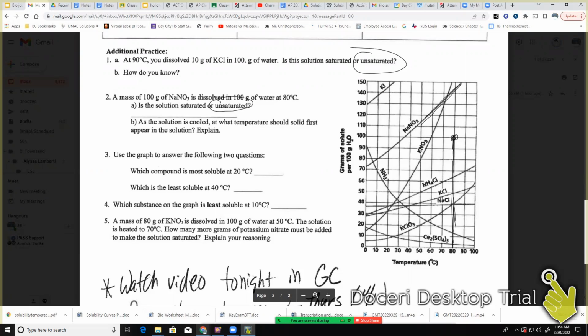It says, as the solution is cooled, at what temperature should we first start to see a solid? So that means that we're going to start to cool it, so I'm going to start to move this way. And when it finally hits that line, that tells me where I'm going to finally cool it enough that I will start seeing some precipitate.